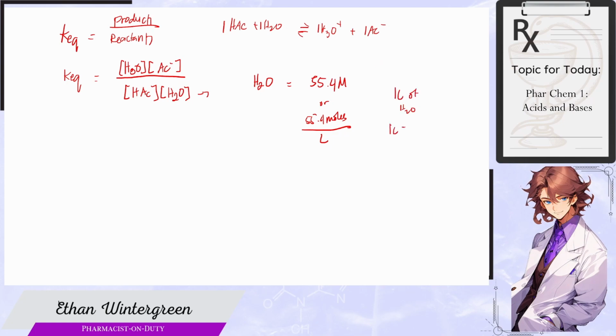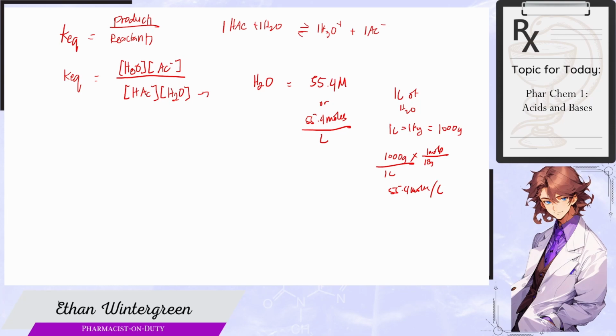Since 1 liter of water is 1 kilogram of water, and that is 1,000 grams. 1,000 grams of water in 1 liter of solution, that is a liter of water. Since we know the molecular weight of water, 18 grams of water is 1 mole, you'll obtain 55.4 moles per liter. So that is the concentration of pure water. Since we know the concentration of pure water, this can now act as another constant.